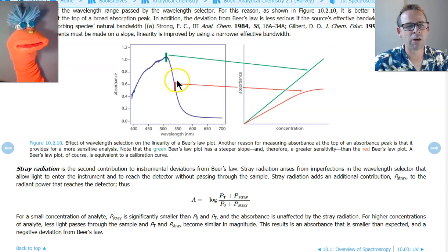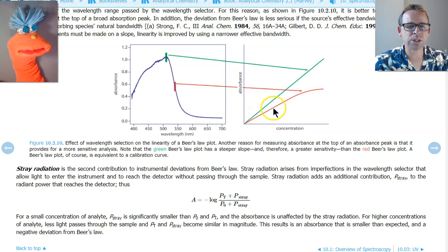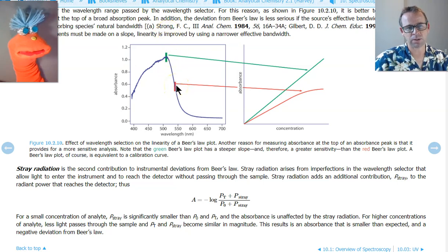However, if I plot off of the peak here, I can get a linear relationship, but it loses its linearity at these higher concentrations because there's not as much upward motion. This will rise initially, but then as this rises a linear amount, this one is not going to respond linearly.